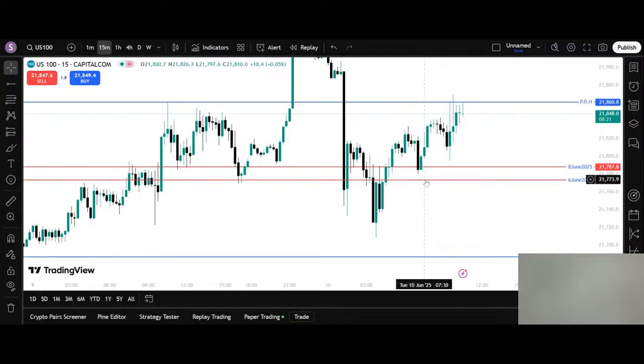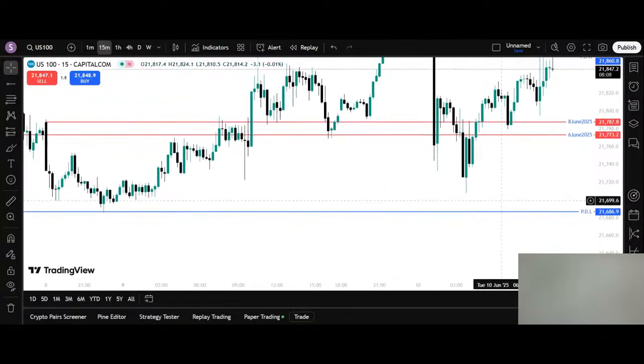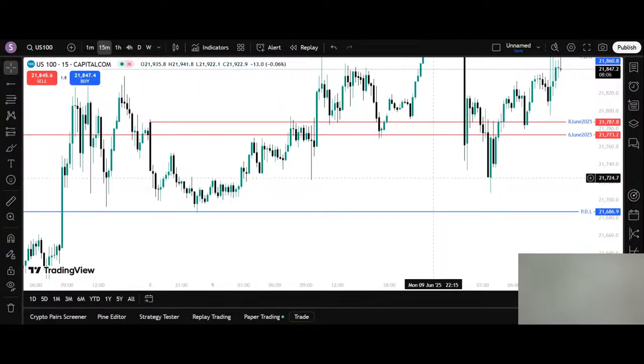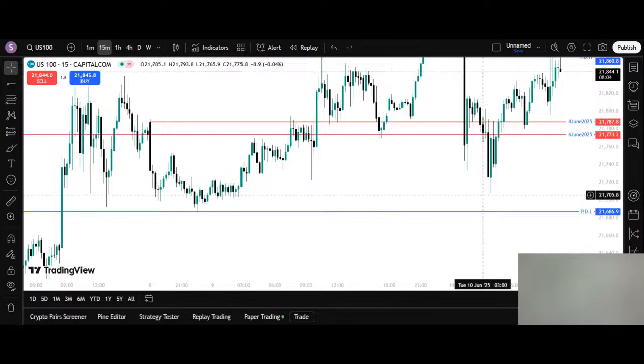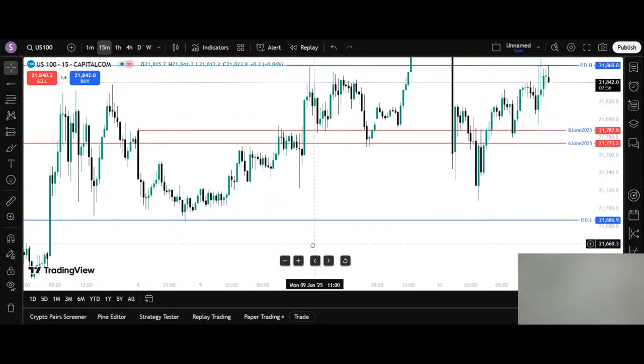If I find a sell here, I will be targeting these lows, the low here, the low here. And if you want to make a really big target, you can target this low and this low. As you can see, price has made relative lower lows here and also here, this low and then this low.